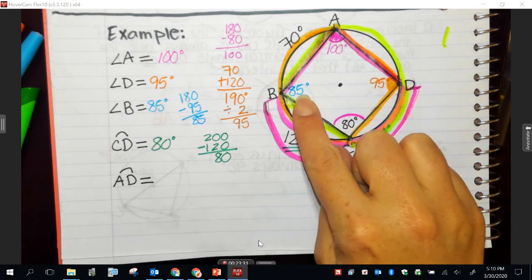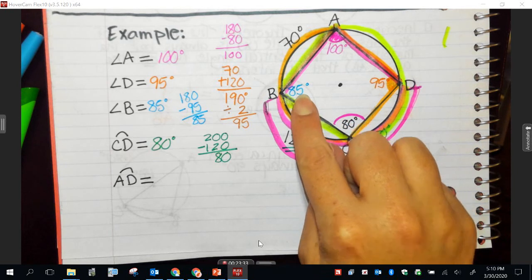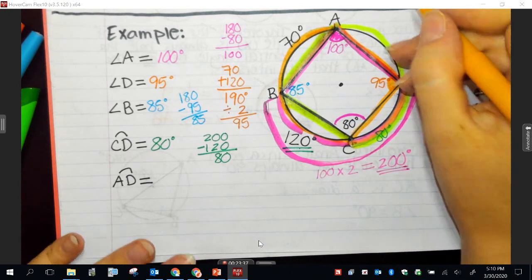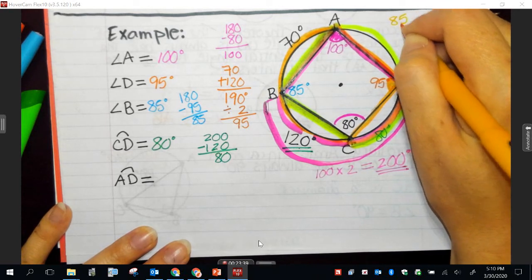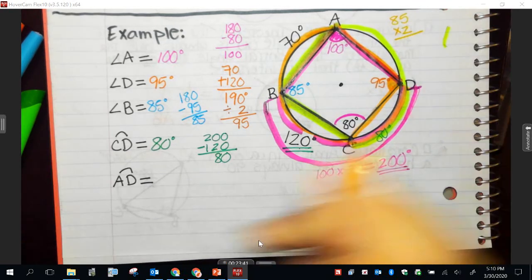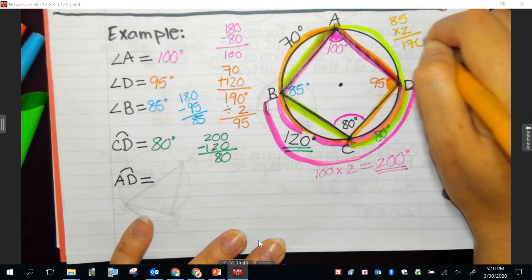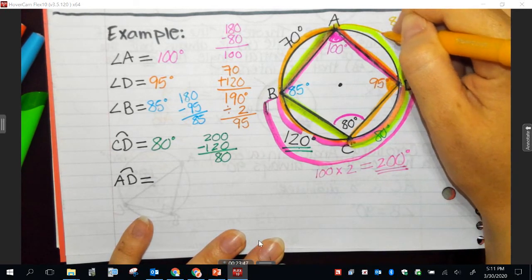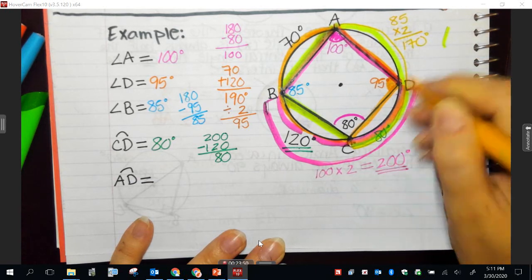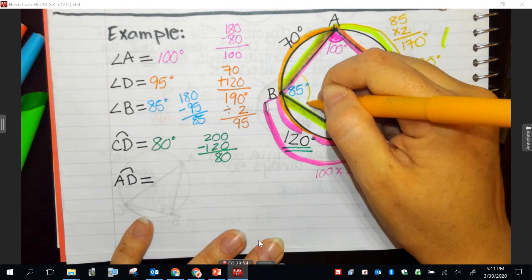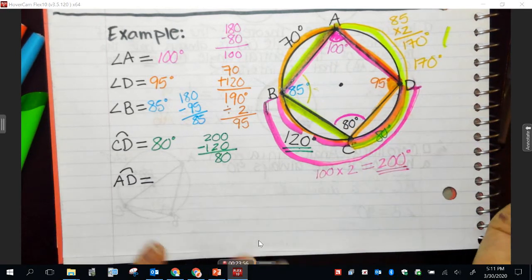So the inscribed angle is 85. Multiplying 85 times 2 gives us that the full arc is 170. So the 170 is from here to here to here. That full arc, taking this inscribed angle and multiplying it by 2.